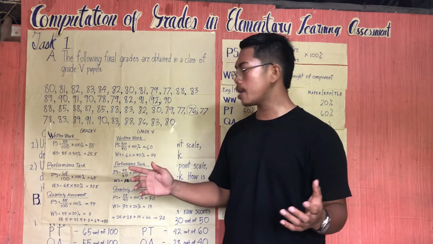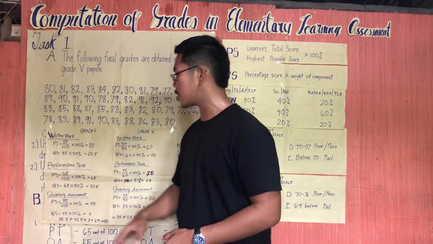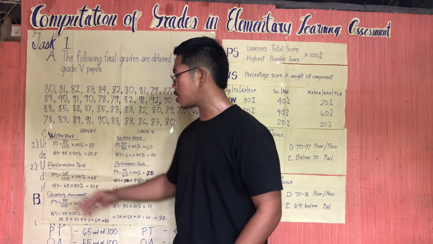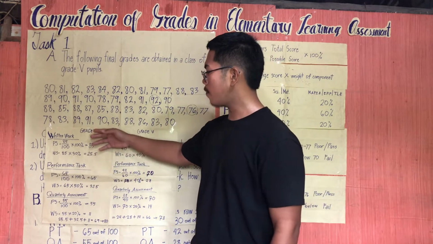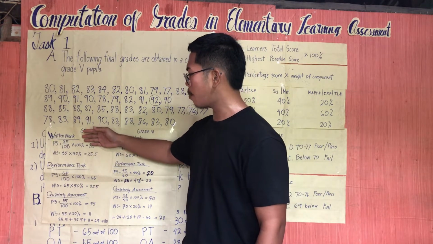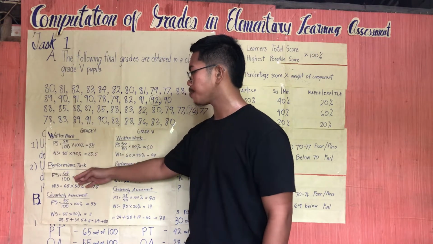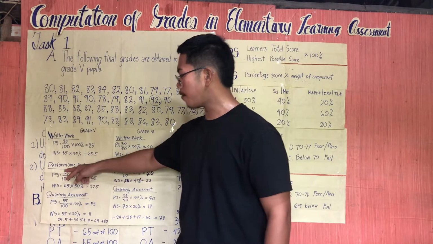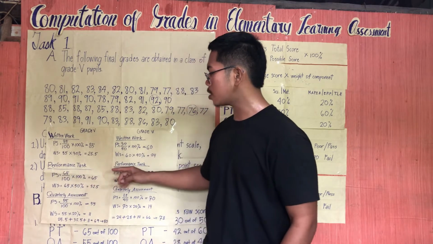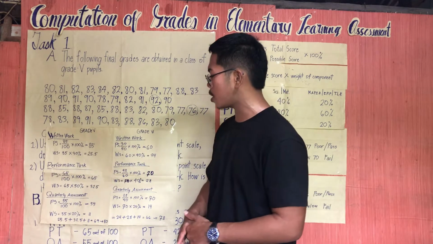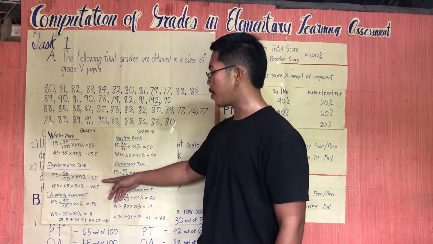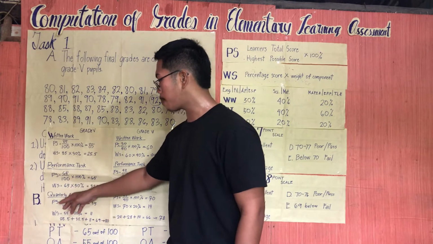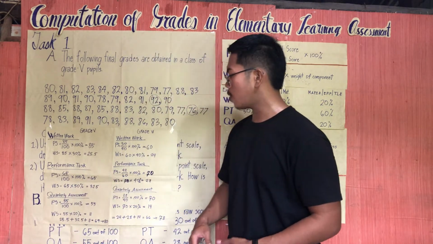And so, we will proceed also for the performance task, which is the same procedure that we have computed here in the written work. For the percentage score, 65 out of 100 times 100% is 65. And so, we use 65% in order for us to get the weighted score.